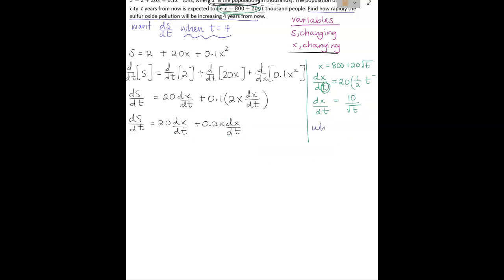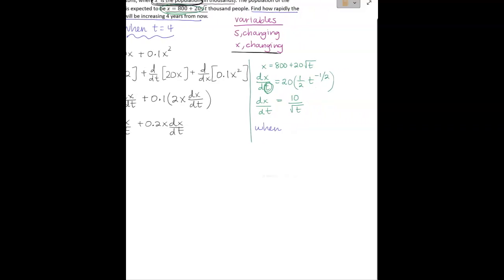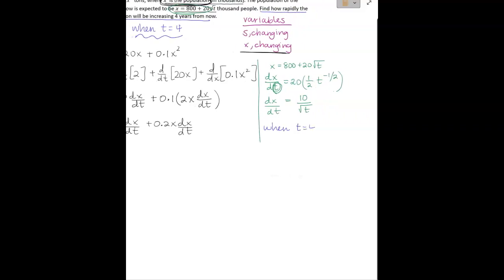So I can also just say, when t is equal to 4, dx dt would be 10 divided by the square root of 4. So that's 10 divided by 2, which is 5. So I now know what I want to plug in for my dx dt's.